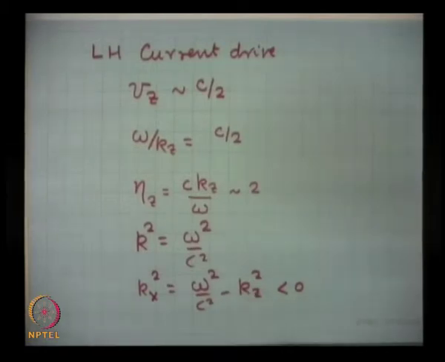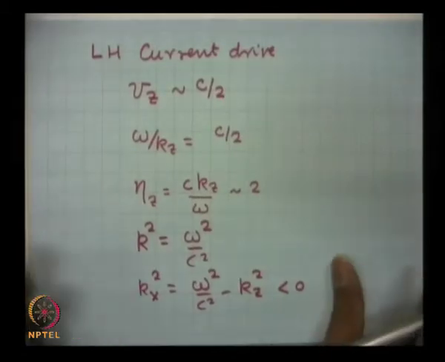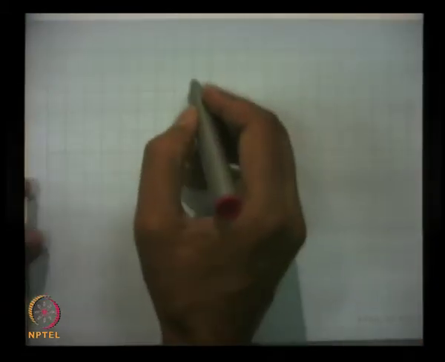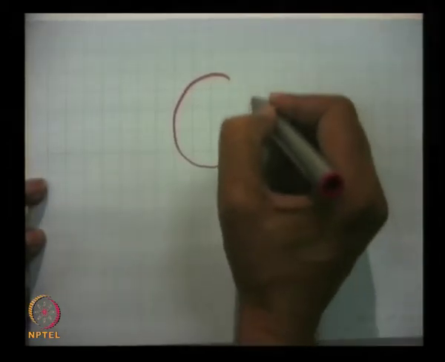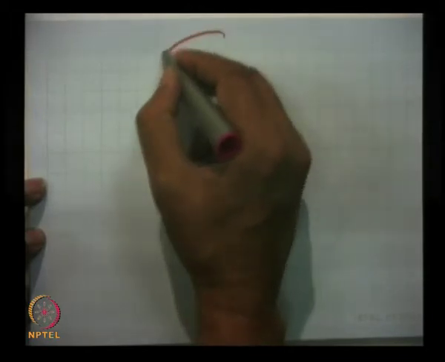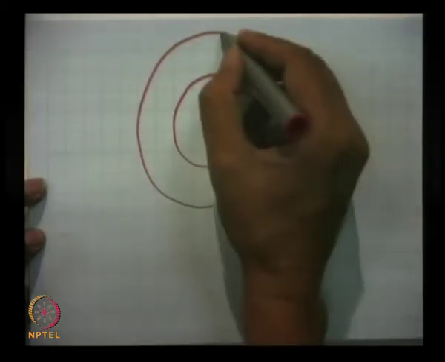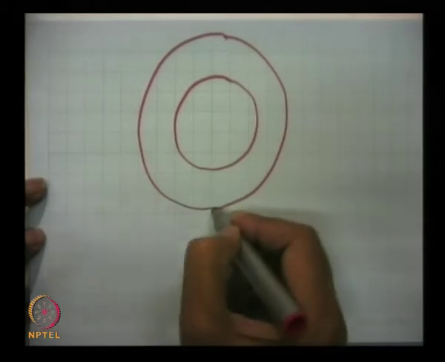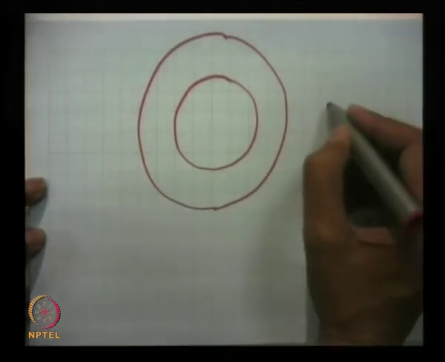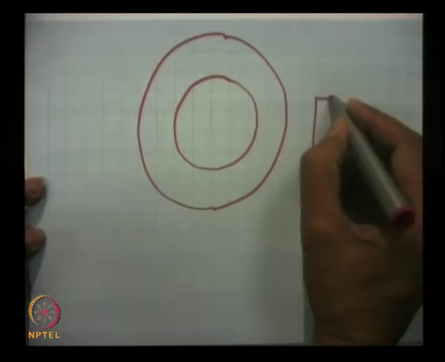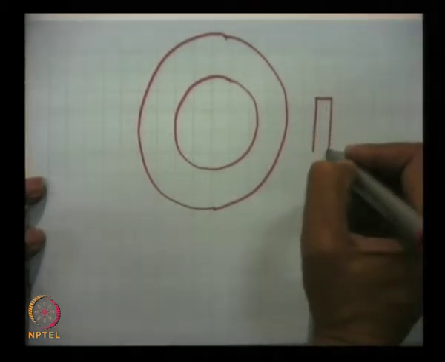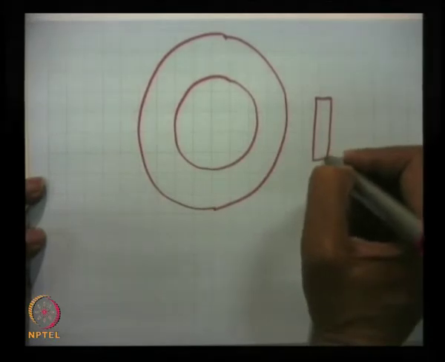So, how will you create this kind of wave? This is normally done by using a phased antenna array. If you have a tokamak like this, in which you want to drive a current, then you have a waveguide array here, which is essentially not a single waveguide but an array of many waveguides.